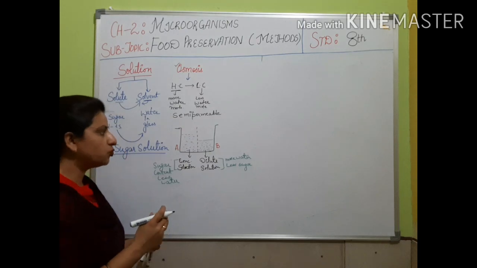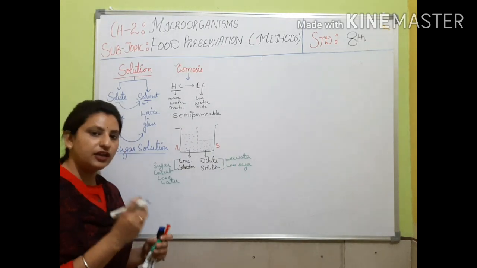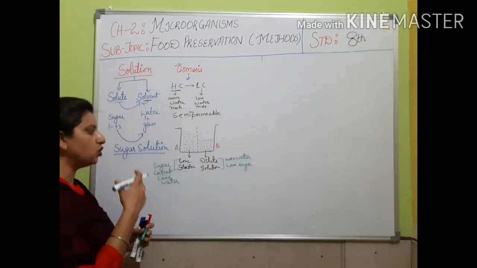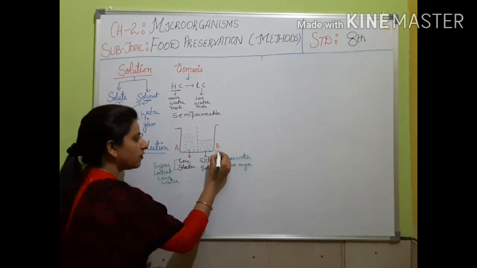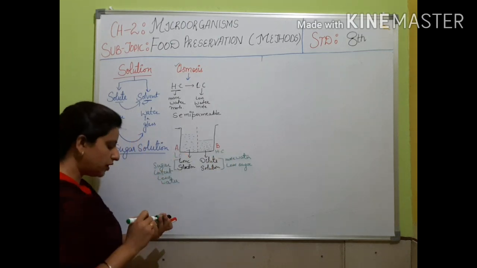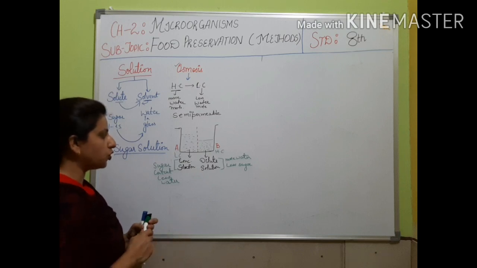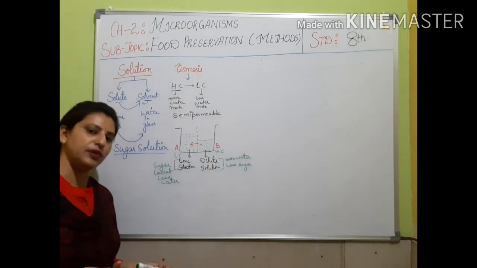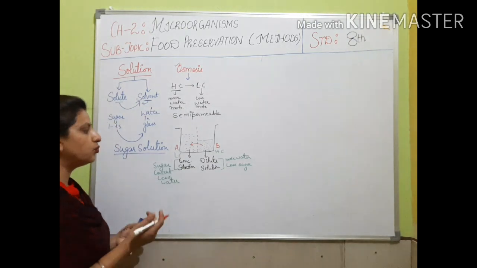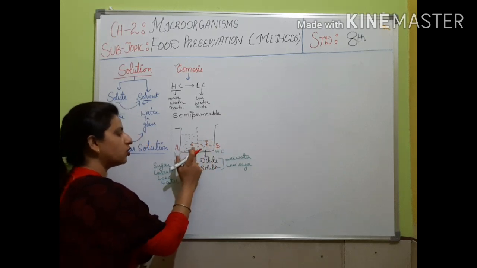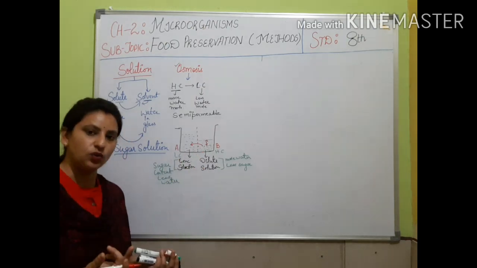So now osmosis will take place, and in osmosis we know that water molecules will move from higher concentration to lower. So here the water molecules have higher concentration and here the water molecules have lower concentration. So the water will move from the B part to the A part through the semi-permeable membrane, and it will move until the water content on both the parts is equal.